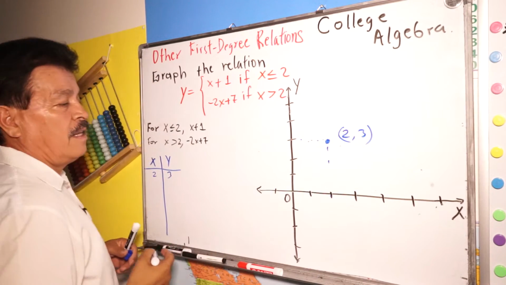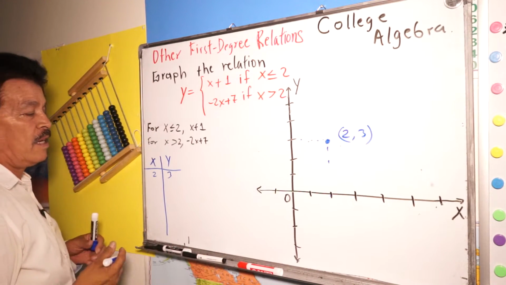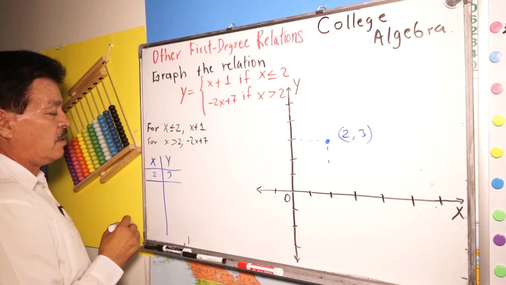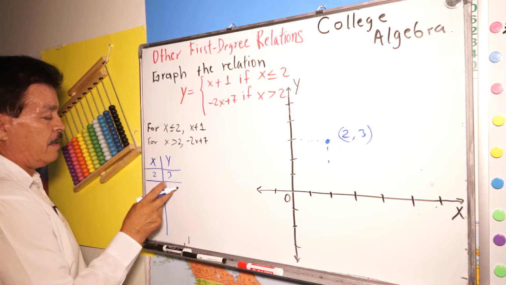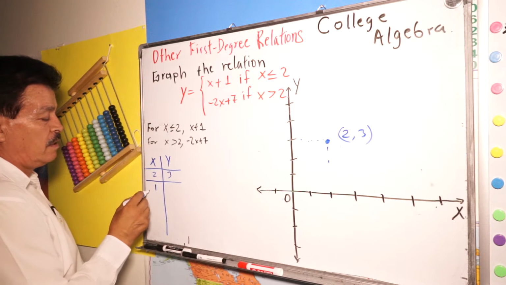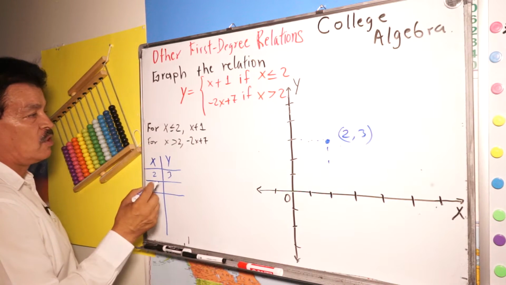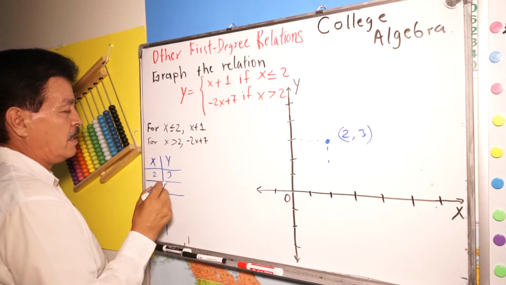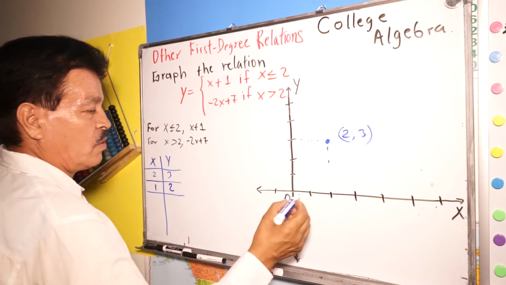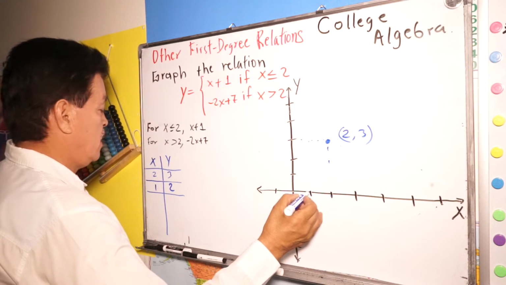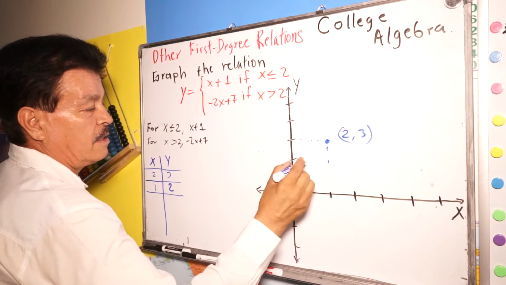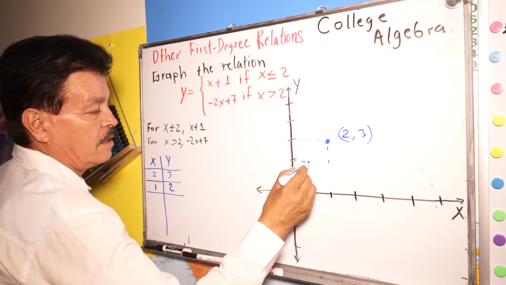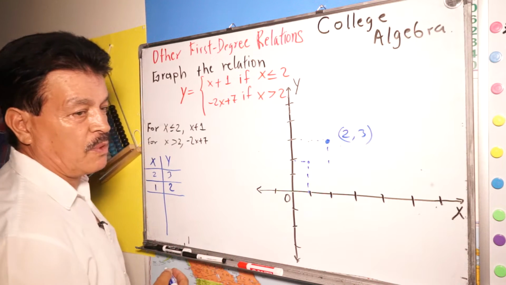All right, and then let's write another point. If you give it 1 for x, how much is y? 1 plus 1 equals 2. So if x equals 1, y equals 2 right here. It is very simple, it is not hard.